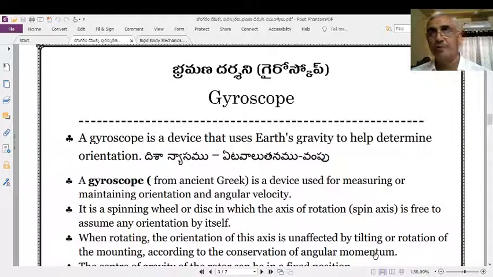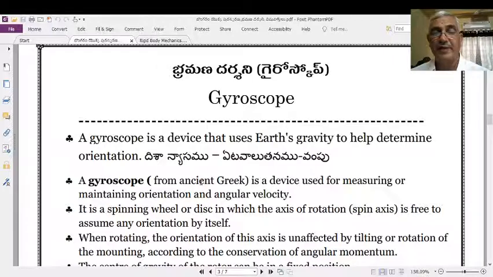A beautiful, very important device, which has so many applications in so many regions of science and technology. The gyroscope is a device that uses Earth's gravity to help determine orientations at different places, the orientation of a place at a particular point on the surface of the Earth.